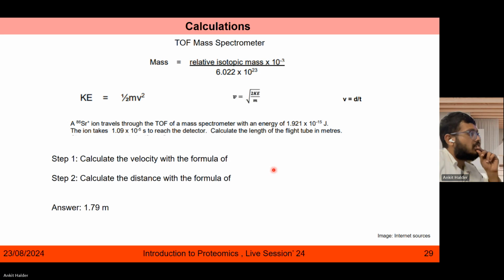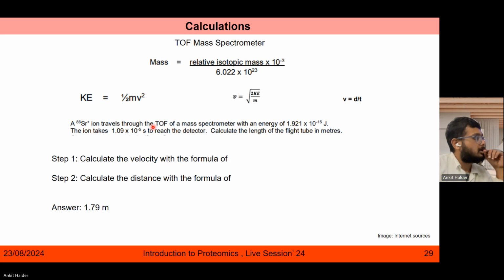Okay. So how this mass is generally calculated is relative isotopic mass into 10 to the power minus 3 by Avogadro number, and kinetic energy, as we have said, is half mv square, so velocity is root 2K by m, and velocity is distance traveled per time.